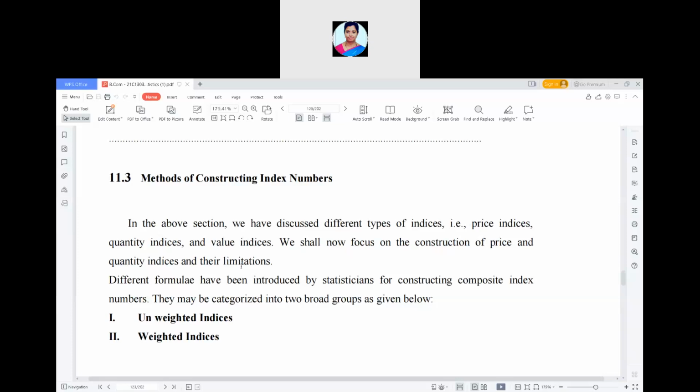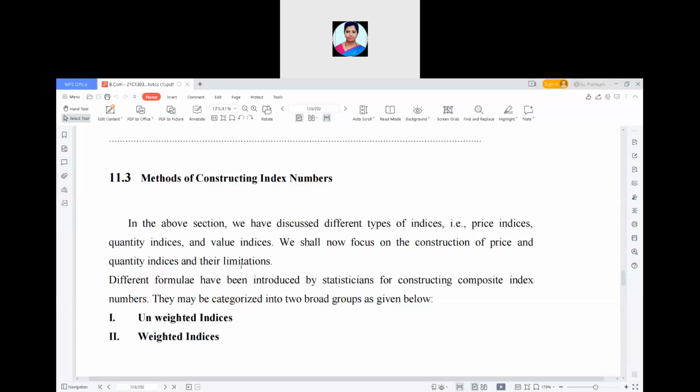So under this, how are we going to construct the index number? We have listed all these indices. Now we are going to focus on the construction of price and quantity indices and their limitations.